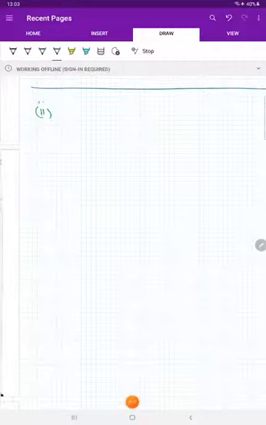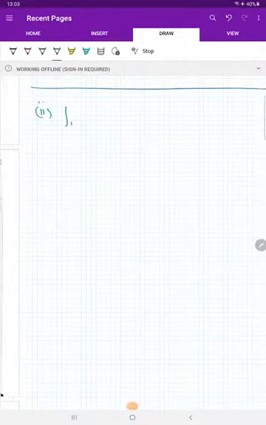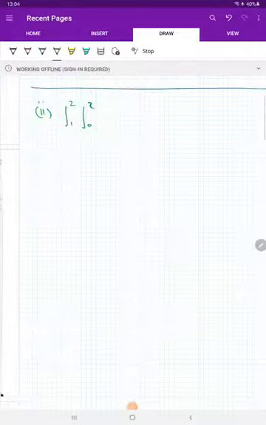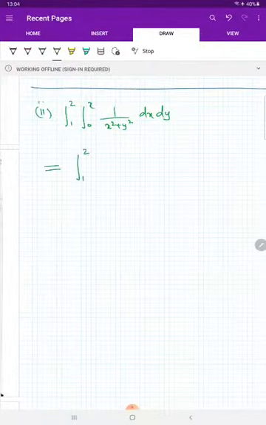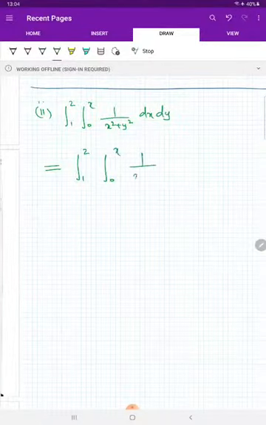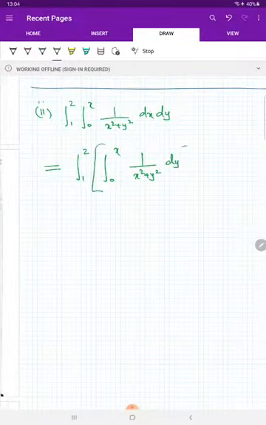The integral from 1 to 2, limit 0 to x, of the function 1 upon x square plus y square dx dy. Here you can notice that the integral limits are not constant. One of the integral limits is variable, it is a function of x. So since it is a function of x, the variable is y, so we are going to integrate with respect to y first: 0 to x, 1 upon x square plus y square dy and dx.